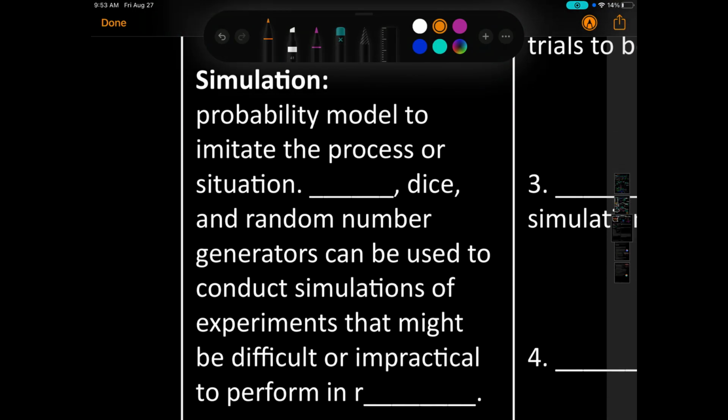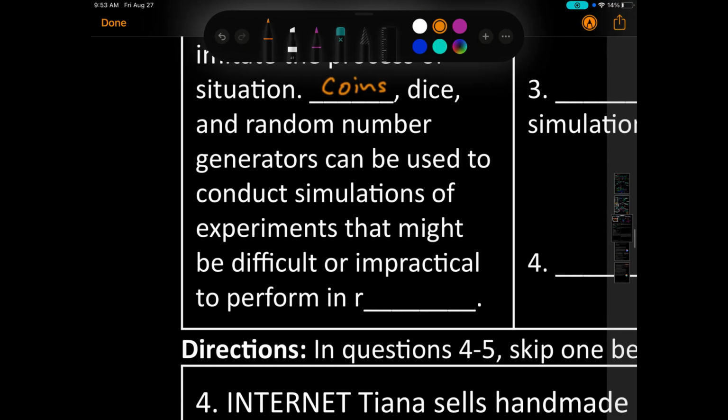Okay, what's a simulation? Simulation is a probability model to imitate the process or situation. Coins, we've done that before, dice, and random number generators, like basically the computer calculator can generate numbers at random, can be used to conduct simulations of experiments that might be difficult or impractical to perform in reality.